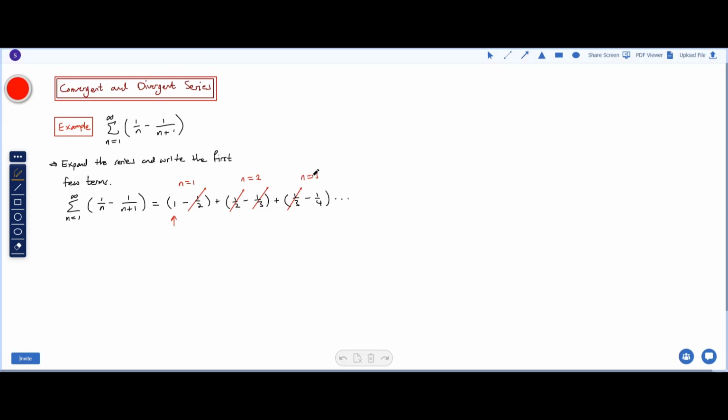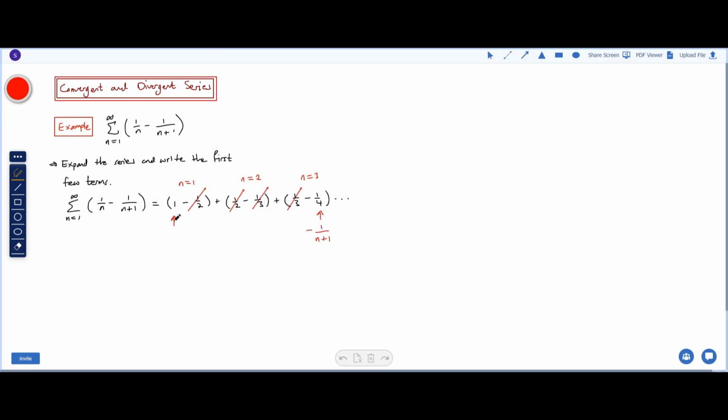When you get to n equals 3, all you have left is 1 minus 1 over 4. This just so happens to be negative 1 over n plus 1 because n was 3, so you have 3 plus 1 down here, which gives you 4. So you have negative 1 over 4.